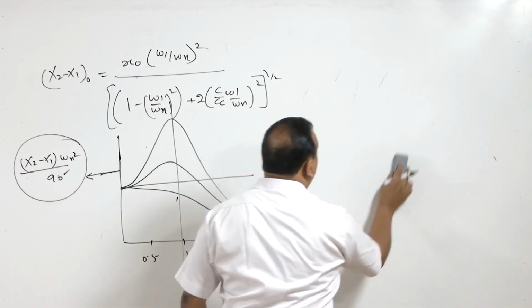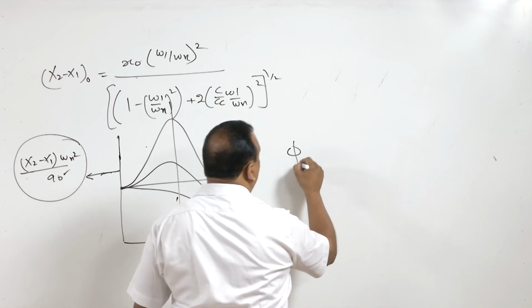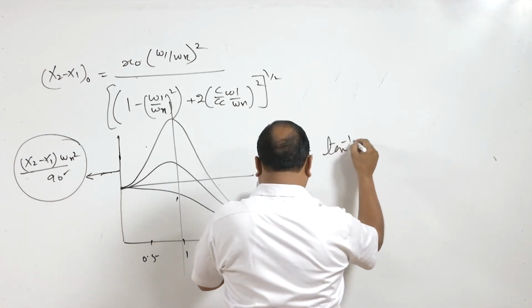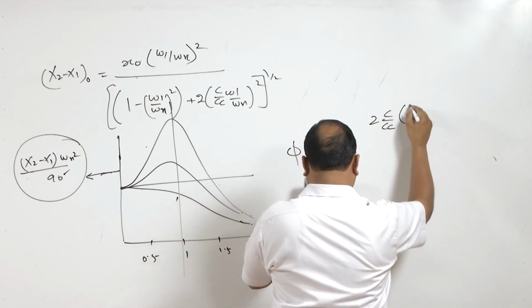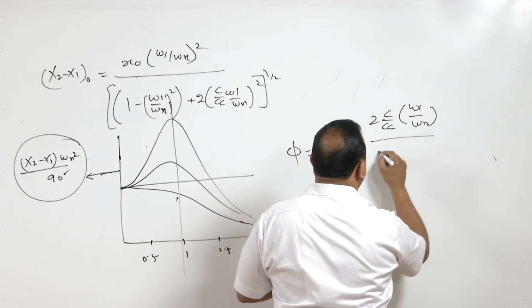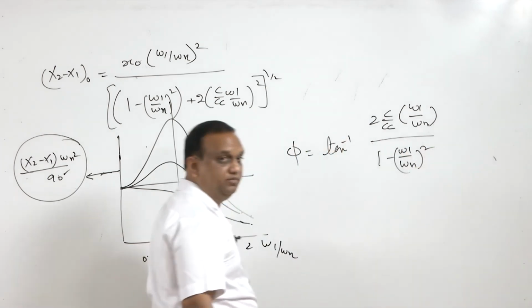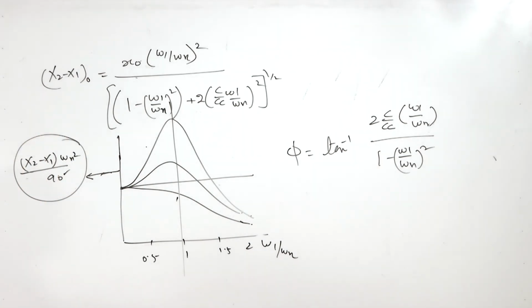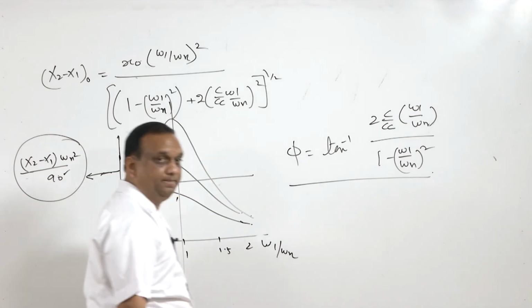Here the phase angle is phi equal to tan inverse of 2 C by Cc omega 1 by omega n divided by 1 minus omega 1 by omega n whole square, because it's a cyclic input. So for cyclic input, this is going to be the phase angle.